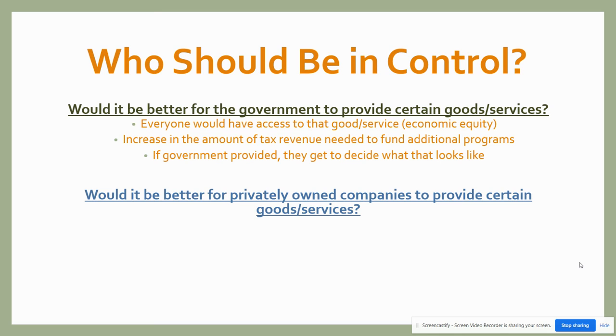You're going to see a lot more taxes in those types of systems where they want the government to provide more. They need more money to fund that. So you're going to be taxed more, which means less money for individuals and less money for businesses. But then that money will come from elsewhere.